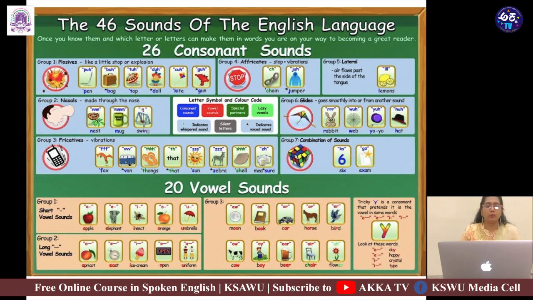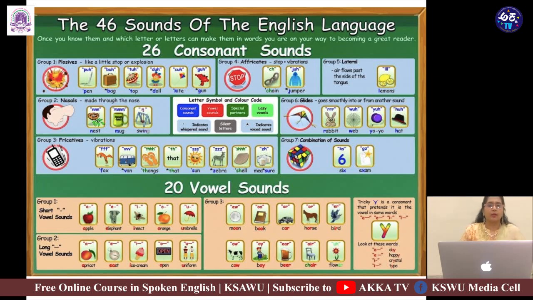Let's come to the 20 vowel sounds very quickly. Short vowel sounds again: apple, elephant, insect, orange, umbrella. Long vowel sounds: apricot, east, ice cream, open, uniform. These words have to be said a little longer. Uniform.